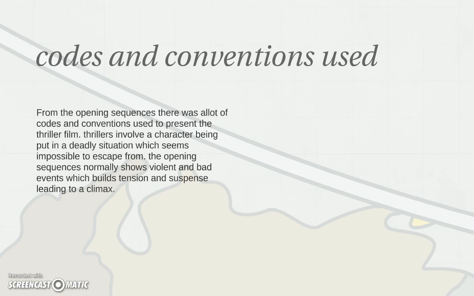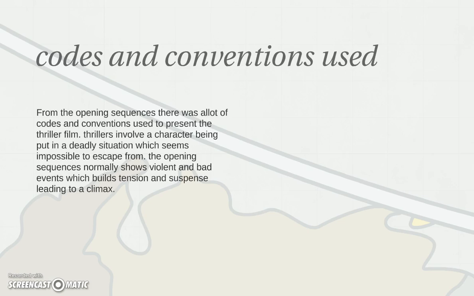It also normally shows violence and bad events, which builds tension and suspense leading to a climax. Although we didn't really show many violent or bad scenes with severe action from our different characters, we did, however, show Trinity going to pick up the rock, which you normally identify as something quite violent and reckless.